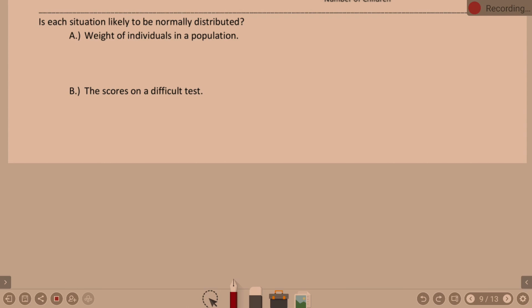Do we have an average in the middle, most likely? You have some that weigh a little, you have some that weigh a lot, but you have an average in the middle, don't you? Okay, so this is a situation where, yes, this is most likely normally distributed.